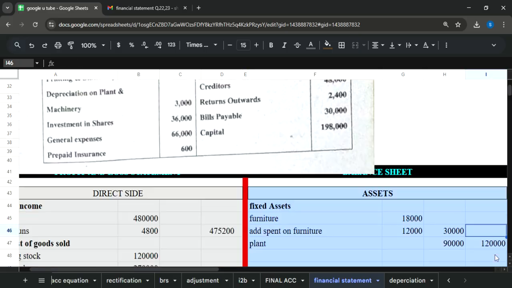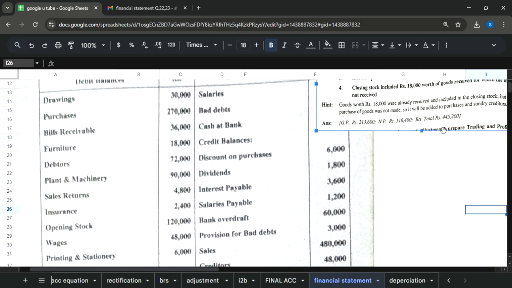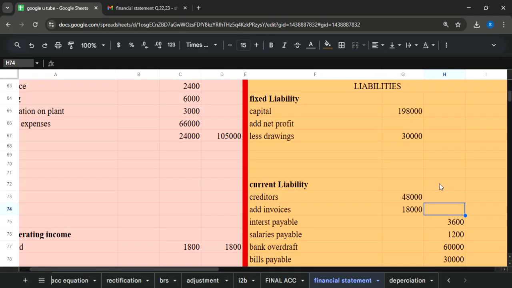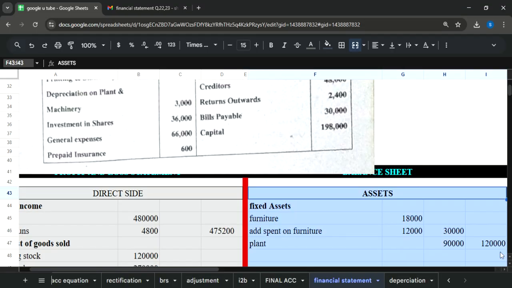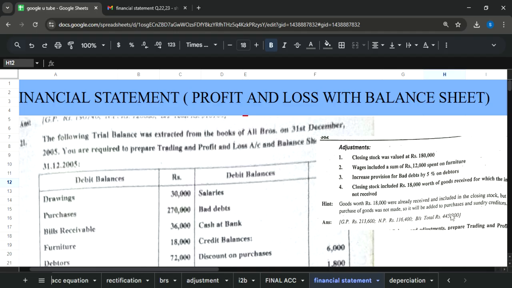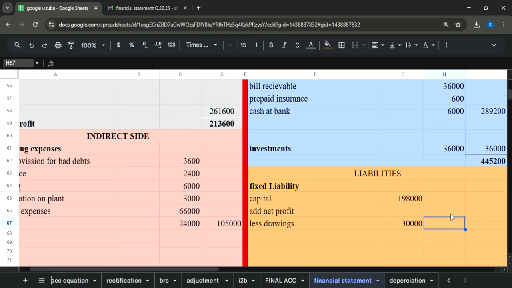Let's check it out from our question answers given over here. Alright guys, 445,200 is balance sheet total, and our answer is 445,200. It means 3 out of 4 parts are completed.